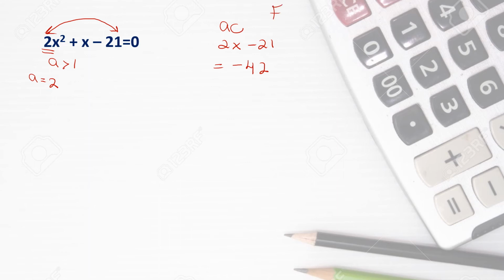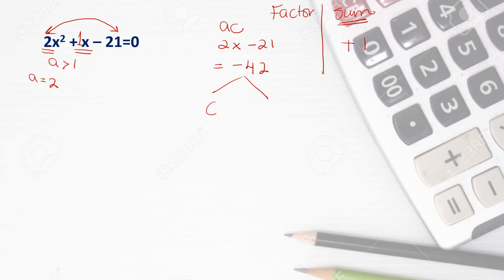So you have to factor AC so that the sum is the middle term, that means b is 1. You have to think about the two numbers which multiply to give negative 42, but when you add them you get positive 1.